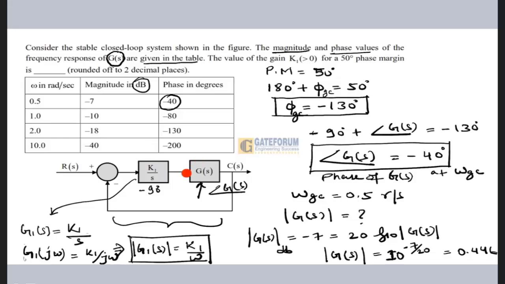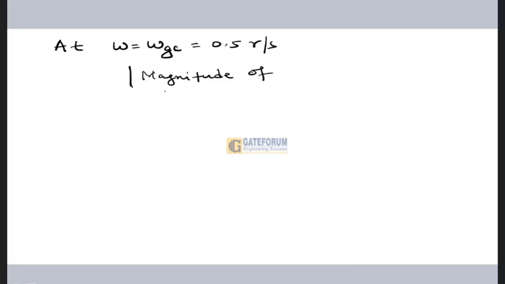Now I know that at gain crossover frequency, let me go to the next page, at omega equal to omega GC, which is known to me, that is 0.5 radian per second, the magnitude of the overall system would be equal to 1.